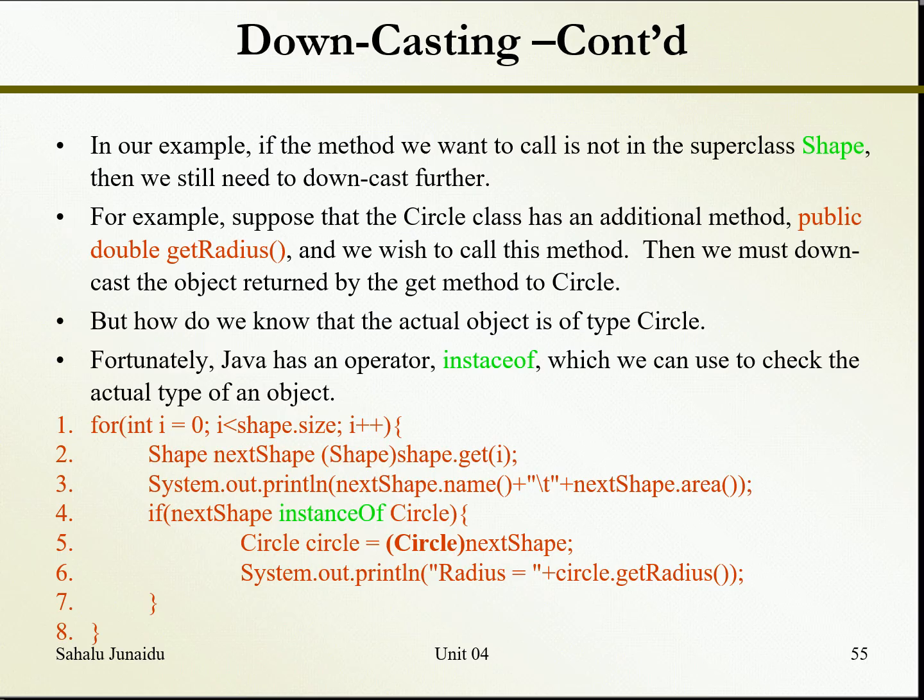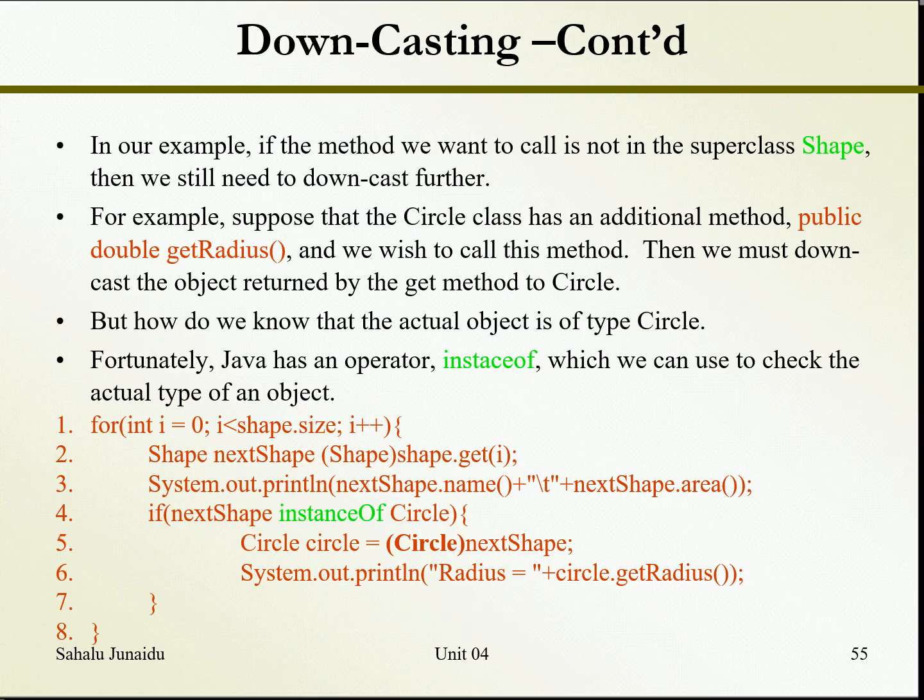We have radius, get radius, and the radius is not available in the rectangle and it's not available in the square. We know radius is only associated to what? Circle. And if I'm in the loop and I want to return the radius, how will I return it? If I'm in the instance of rectangle and I say get radius, it's going to lead to an error because there is no get radius in the rectangle, and there is no get radius in the square.